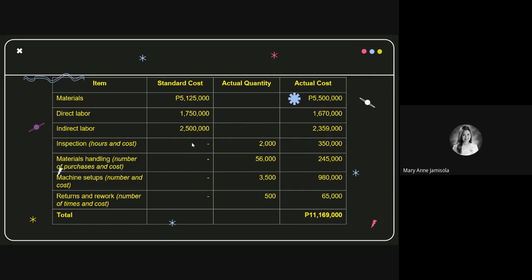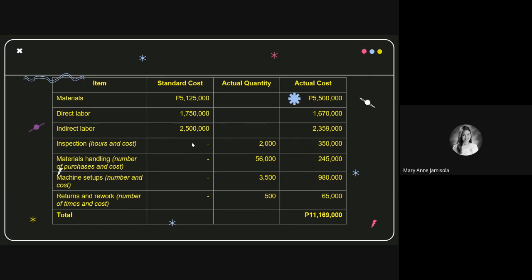If we compare the standard cost and the actual cost with respect to materials, there is an unfavorable materials variance because the standard cost is only 5,125,000, but the actual cost that we have incurred for materials is greater than the standard cost. Therefore, there is an unfavorable materials variance.